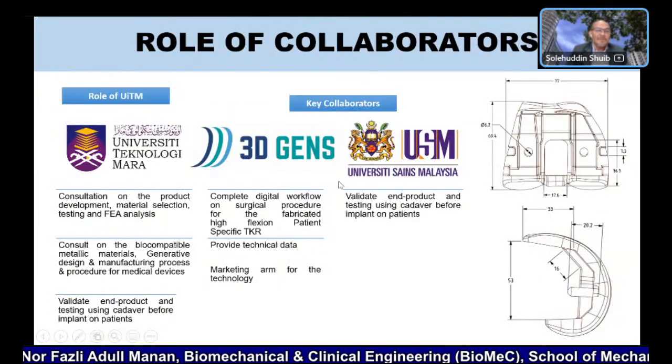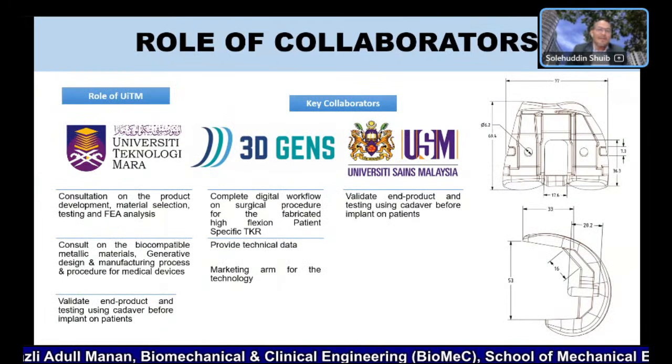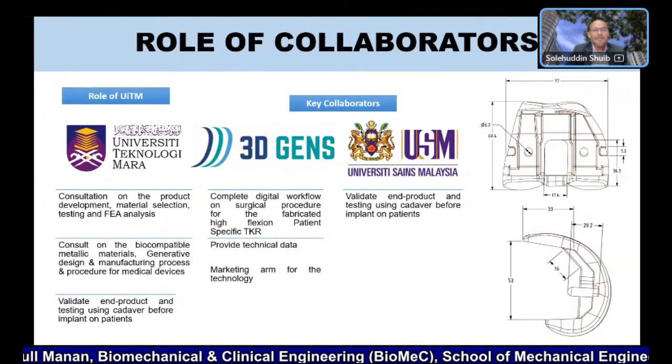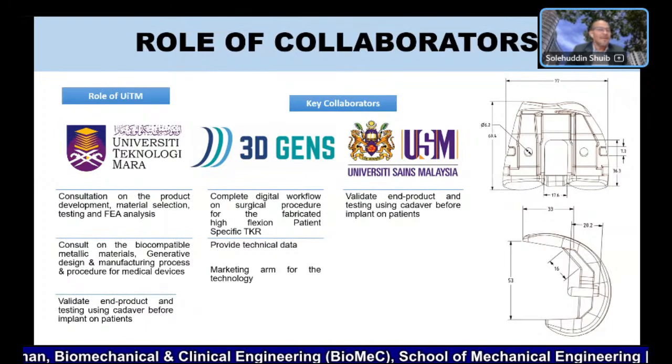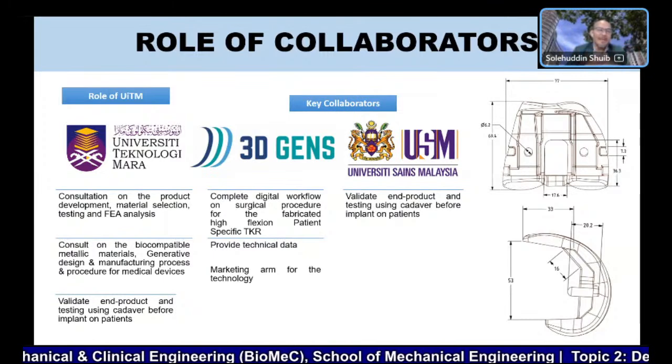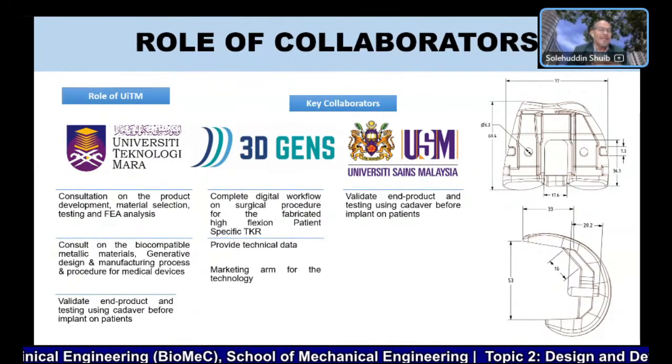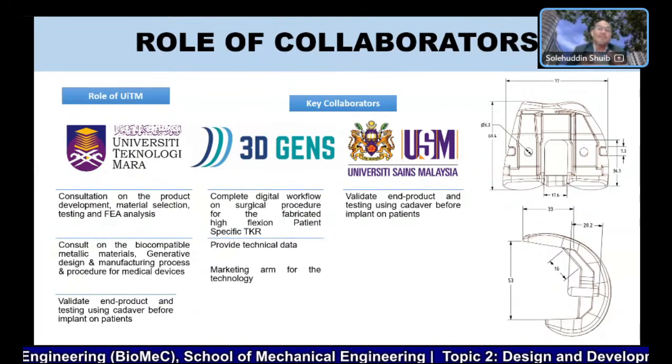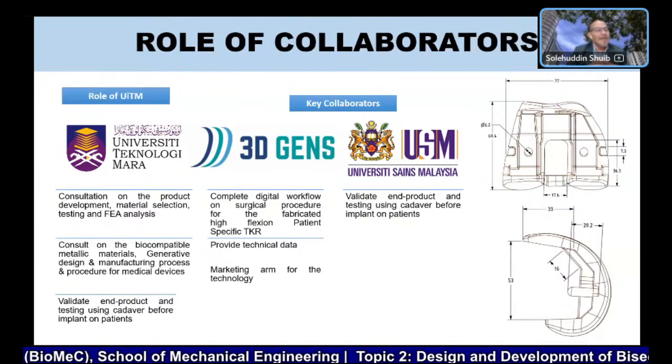I will proceed to explain our project of a high flexion patient specific knee implant. This is the role of UiTM and the role of our collaborator. Our niche at UiTM, for example BioMeC, is that we can do the consolidation of the product development.